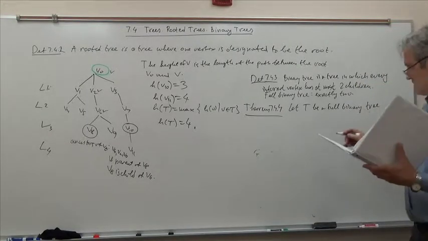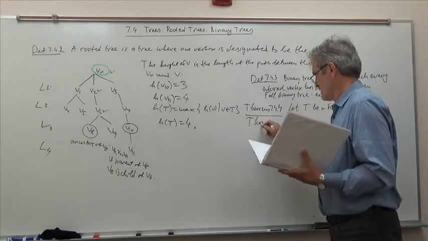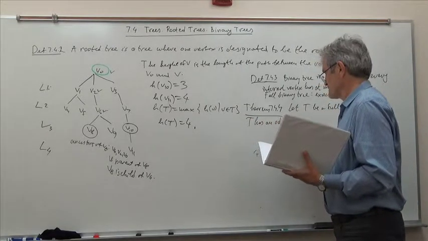Then what? T has an odd number of vertices.